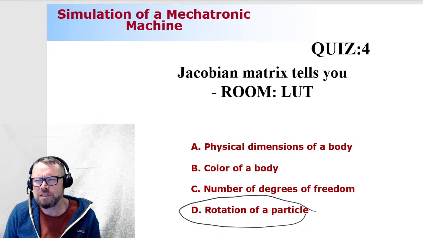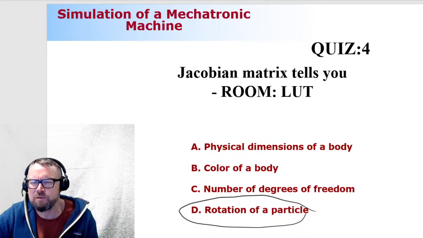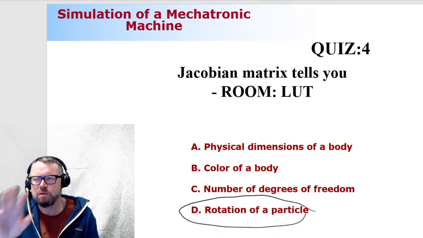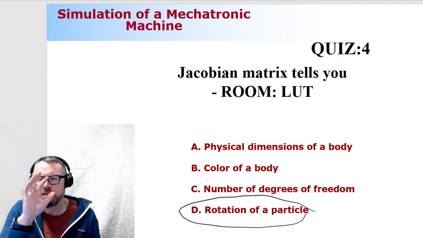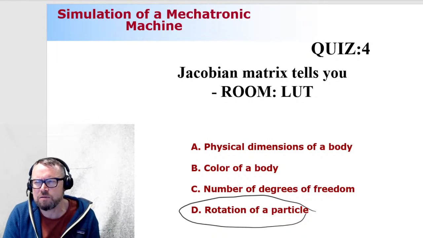Rotational particle is something like Santa Claus. No, it's not real. This is a product of your imagination, not something you can find in real life. Why? Remember, because the particle is so tiny, so small that it doesn't have rotational degrees of freedom. That's what we agreed in the very beginning. That's a fundamental. So the particle doesn't rotate, and you don't take that into account.